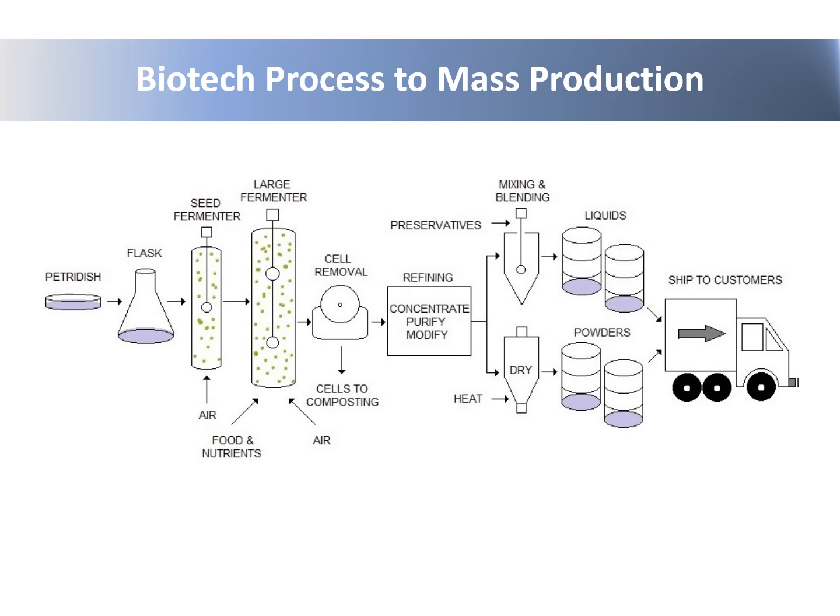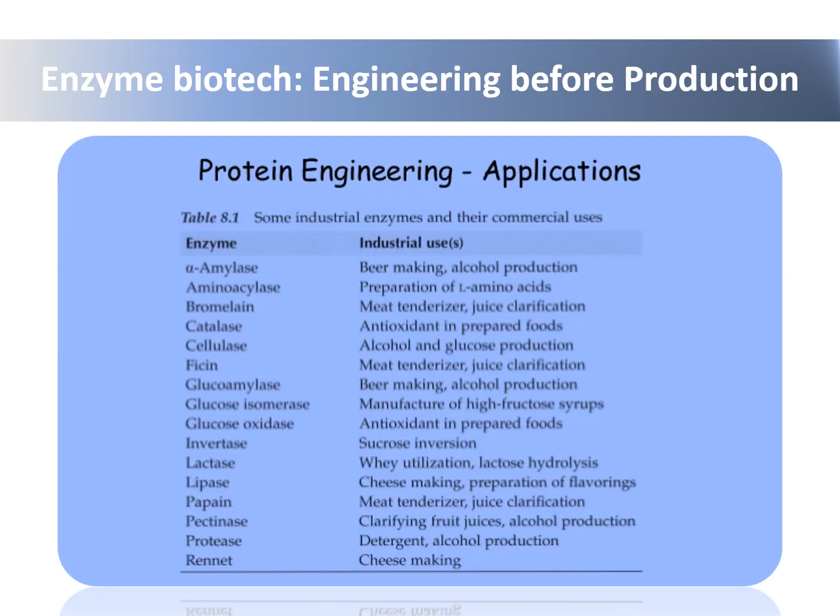Okay, so protein engineering before production. What we're trying to get to is to show you that these enzymes, whenever the microorganisms are being engineered or have been engineered, are used in several industrial processes. Maybe this slide might not be that, but you will see alpha amylase, the very first one, is used in beer making, in alcohol production, in starch hydrolysis.